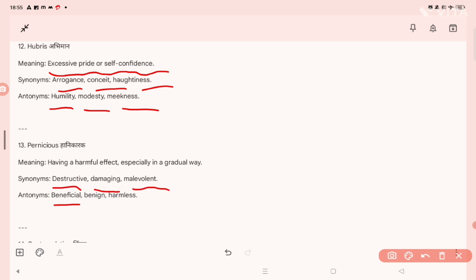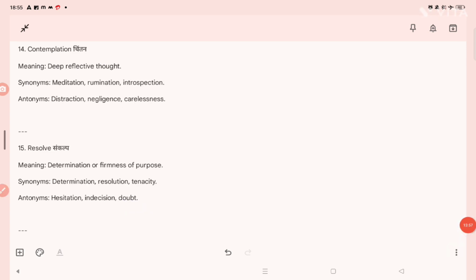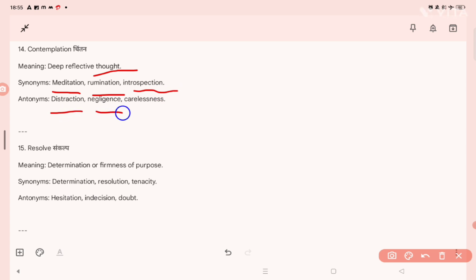Beneficial, benign, harmless. Contemplation: deep reflective thought, meditation, rumination, introspection. Distraction, negligence, carelessness. Resolve: determination or firmness of purpose, resolution, tenacity. Hesitation, indecision, doubt.